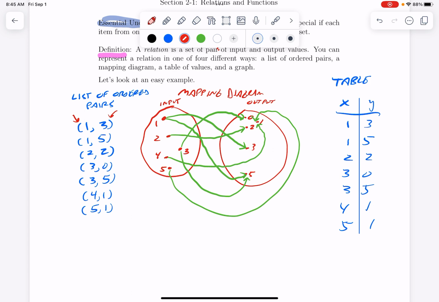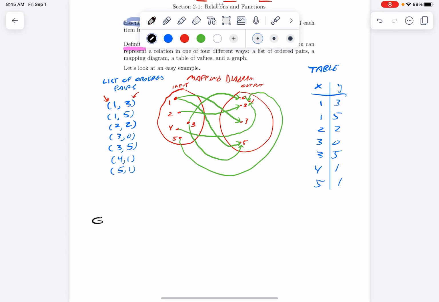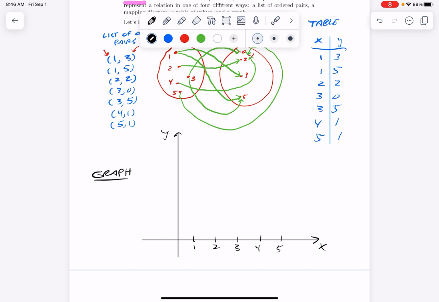That is not correct. And then the final way we might want to represent a relation is with a graph. So we'll imagine here's our x-axis. Here's our y-axis. I'm dealing with numbers from 0 through 5. So 0, 1, 2, 3, 4, 5. 0, 1, 2, 3, 4, 5.